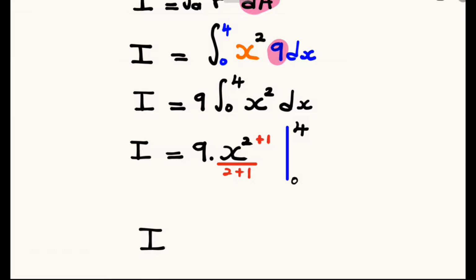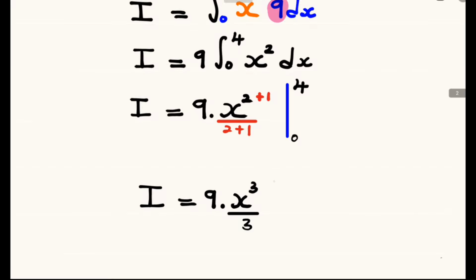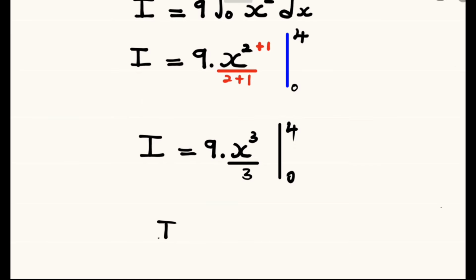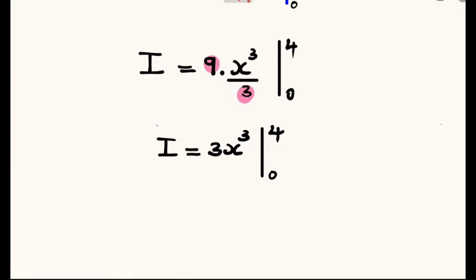So we simplify, so our I will be equal 9 multiplied by x raised to the power 2 plus 1 is 3. Even in the denominator we have 3. We still have our boundaries, the 4 and the 0. Our I will be equal 9 divided by 3, which is equal 3 multiplied by x cubed with our boundaries, the 4 and the 0.